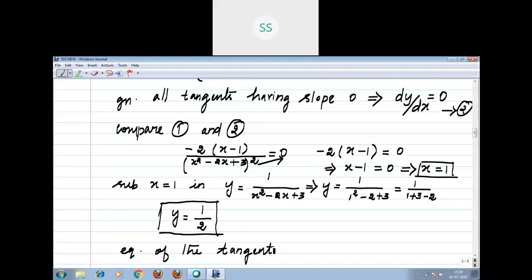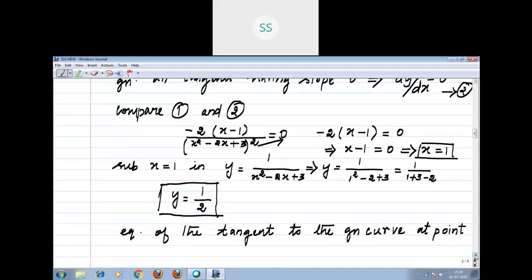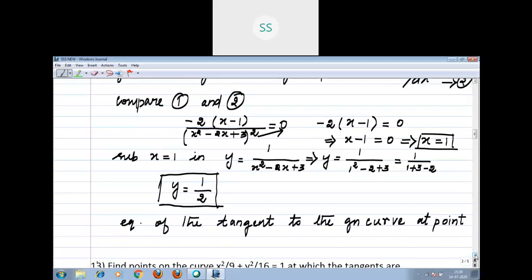Equation of the tangent to the given curve at the point you found, 1 comma 1 by 2, which implies, that is the formula you have to write: y minus y1 equal to m into x minus x1, point slope form.